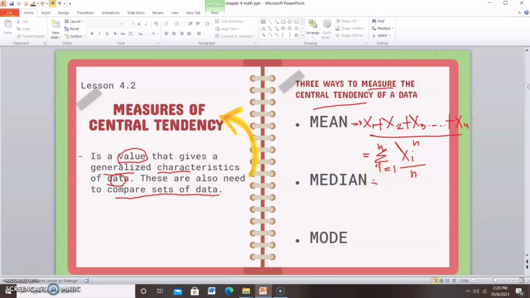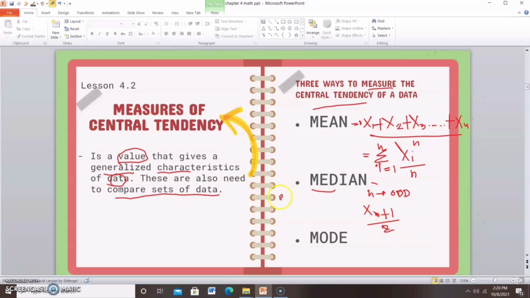The median is from the word mid, or the middle value when the data is in ascending or descending order. There are two formulas. When n is an odd number, the median is x sub n plus 1 over 2.